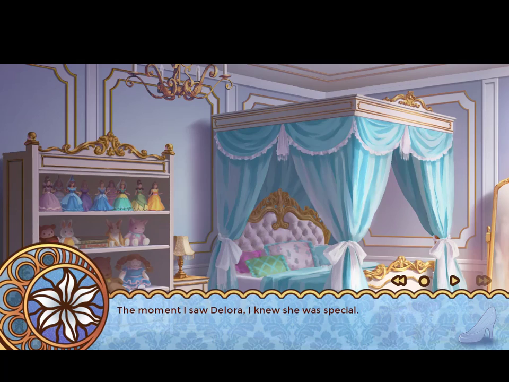Okay. The moment I saw Delora, I knew she was special. She was different. So elegant and realistic, it was almost as if she was breathing. She was a gift from the king on my 17th birthday. Only started receiving dolls from him when Mother passed away. Mother does not believe in birthday celebrations, but every year at midnight, a letter would appear under my door.